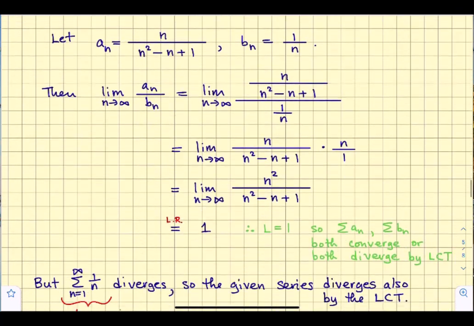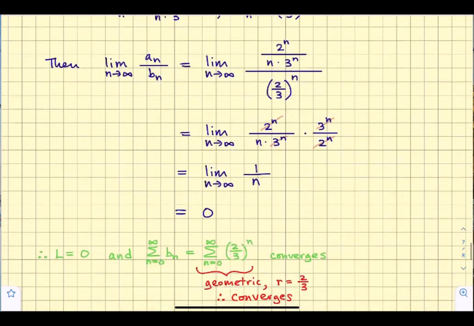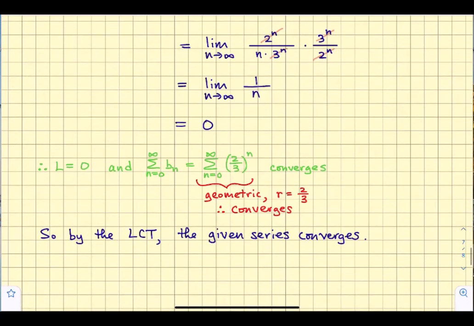So we want to go back and see what happens to the sum of the b sub n's. Well, the sum of our b sub n's was the sum from n equals 0 to infinity of 2/3 to the n, and that's a geometric series with r equals 2/3, which has an absolute value less than 1, and so it converges. And therefore, by that part of the limit comparison test, the given series converges also.